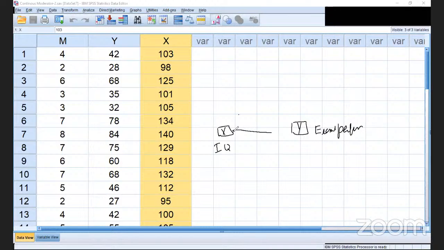We know that there is a positive correlation: the higher the IQ, the higher the exam performance may be.